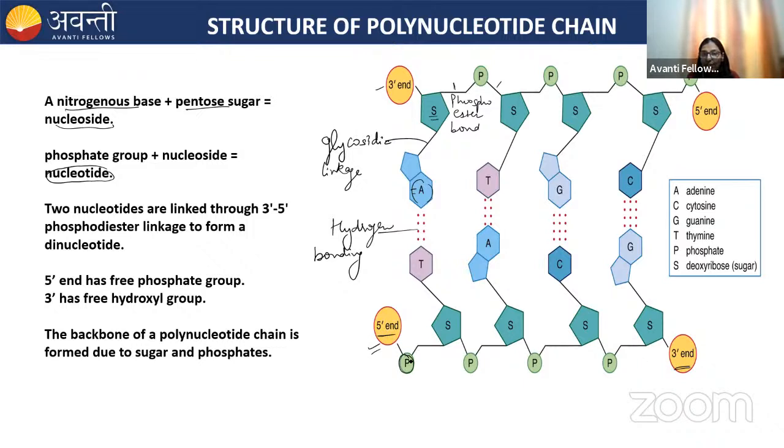Here you can see the phosphate is attached to the 5th carbon of the sugar, and this phosphate is free. That is why we call this end the 5' end. Here, at the 3rd carbon of the sugar, the free hydroxyl group is present. So this end is known as the 3' end.